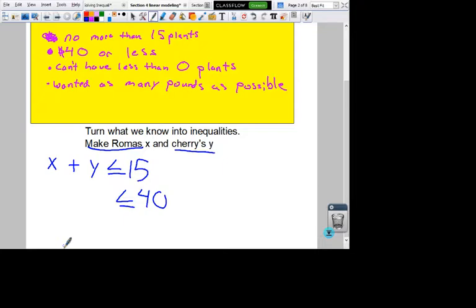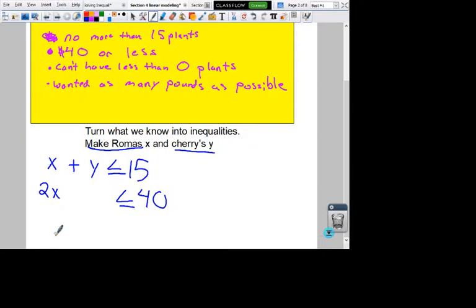So how much does it say our Roma tomato plants cost? On that warm-up problem, $2 each. So if I take the number of Roma tomato plants and multiply it by 2, that's how much money we would spend on those plants. So if we buy 5 plants, we're spending $10.